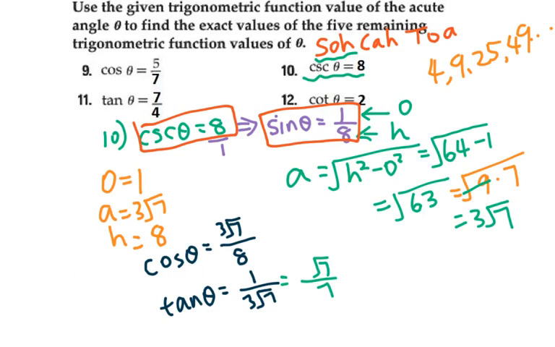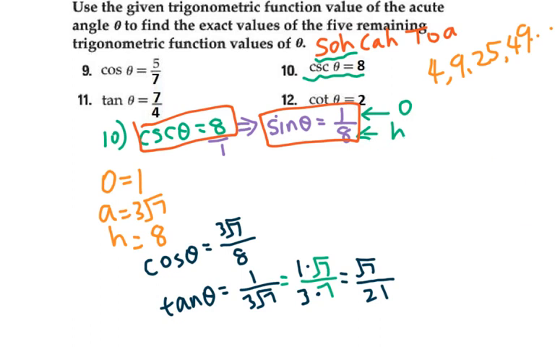Then bring down this 3, you will get 3 times 7 as the denominator, which means square root of 7 over 21. When you bring down 1 over here, that's 1 times square root of 7 equals square root of 7. So that will be the answer for tangent.